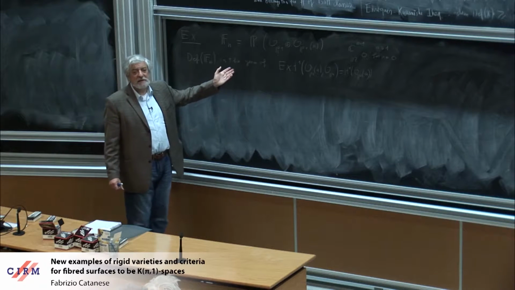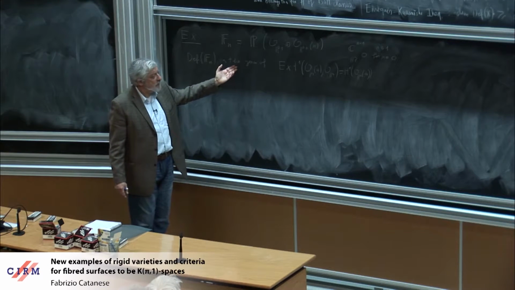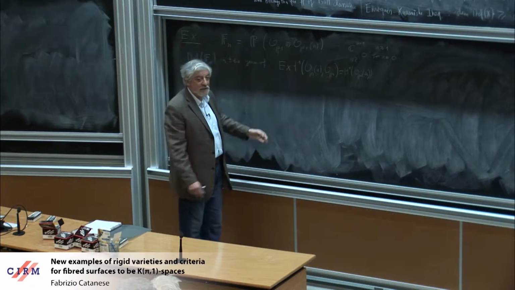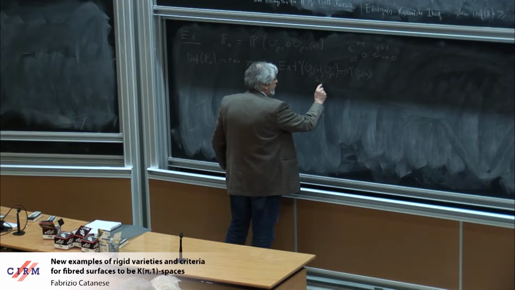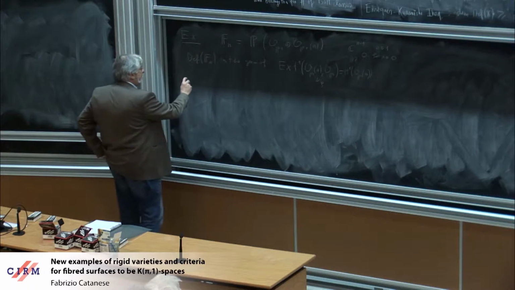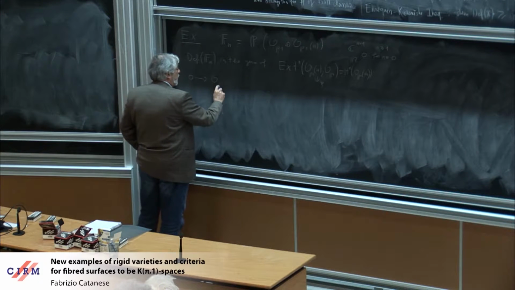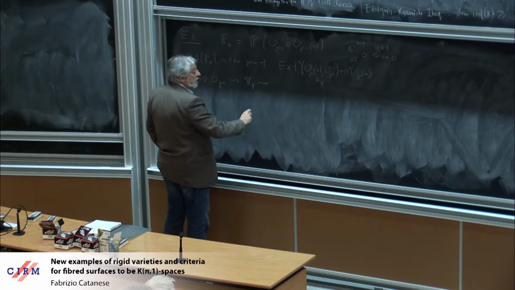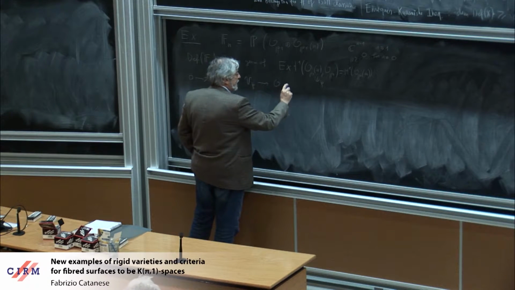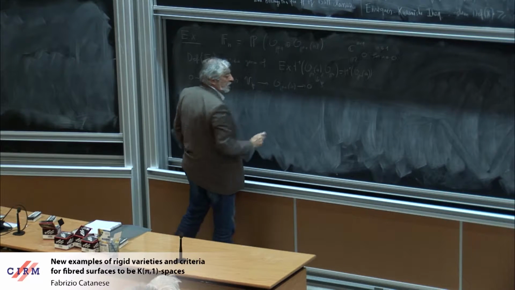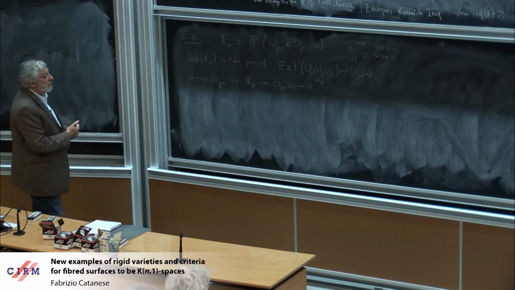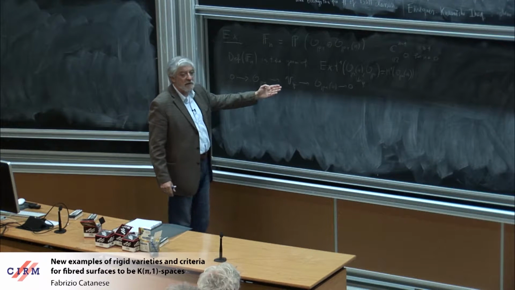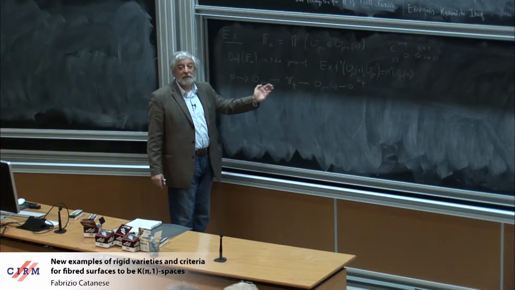And this is my favorite example, because what do these extension classes here parameterize? I take xi, and xi parameterizes a vector bundle of the form O_P1(n) extended by xi with O_P1. So to xi, you associate a vector bundle of rank 2. It's a direct sum, but in some other way.